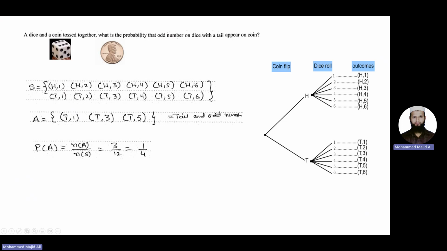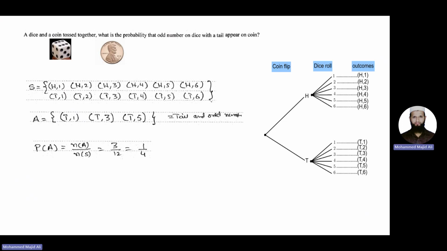So this question is related to probability. A dice and a coin are tossed together. What is the probability that an odd number on the dice with a tail appears on the coin?